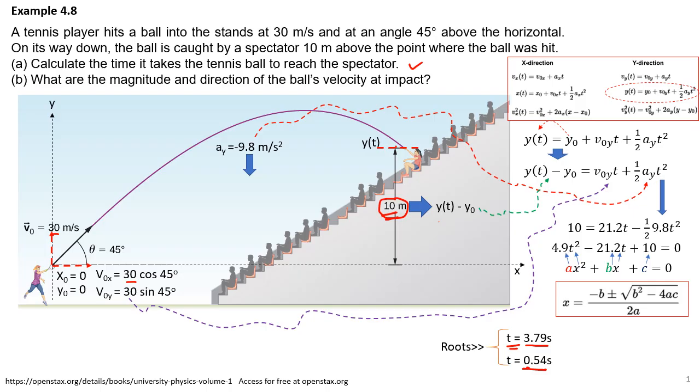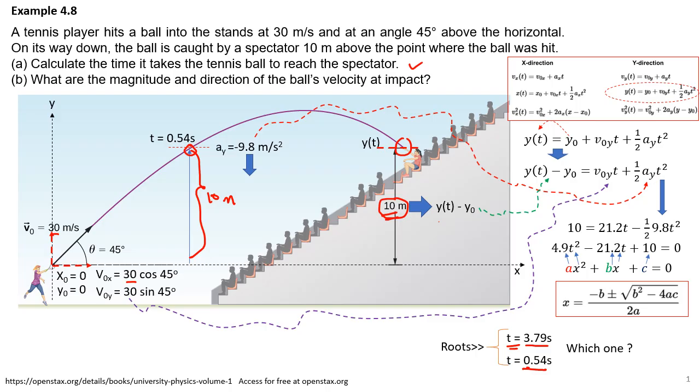So if you look at this curve, the ball reaches 10 meters height two times. One is here, of course, while coming down. The other one is while going up. Here also the height is 10 meters. So the ball reaches here at 0.454 seconds.